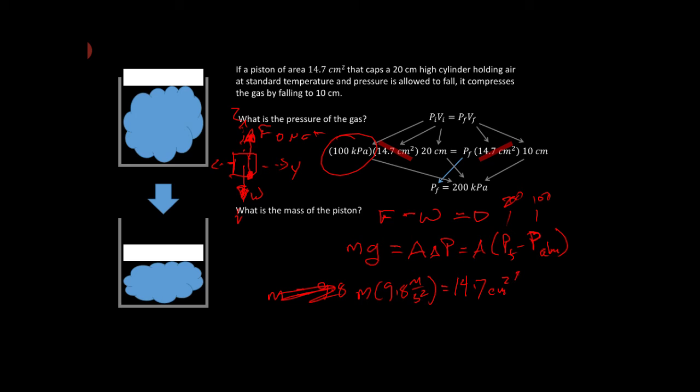So that's 100 kilopascals there. Okay, so then the mass is equal to 4.7 divided by 9.8. 4.7 divided by 9.8 is 3 halves. So that's 3 halves.